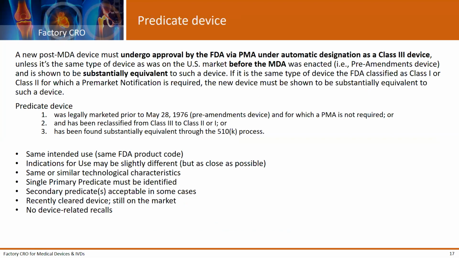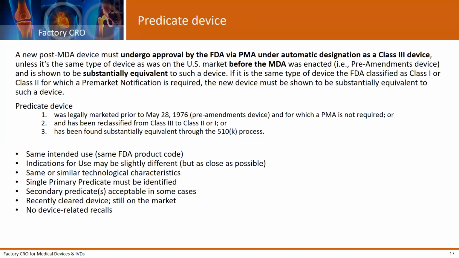But then it has to show to be substantially equivalent to such a device. Or it is the same type of device the FDA classified as a Class 1 or 2, for which pre-market notification is required, but then a new device must be shown to be substantially equivalent to such a device. So basically, legally marketed before 76, or reclassified from Class 3 to Class 2 or 1, or found substantially equivalent through a 510K process.